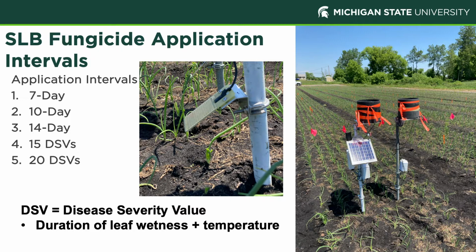And we set a threshold of 15 disease severity value and 20 disease severity value, or DSV. And so when the forecasting system hit this threshold level, that indicated that we should spray. So we waited until that happened.